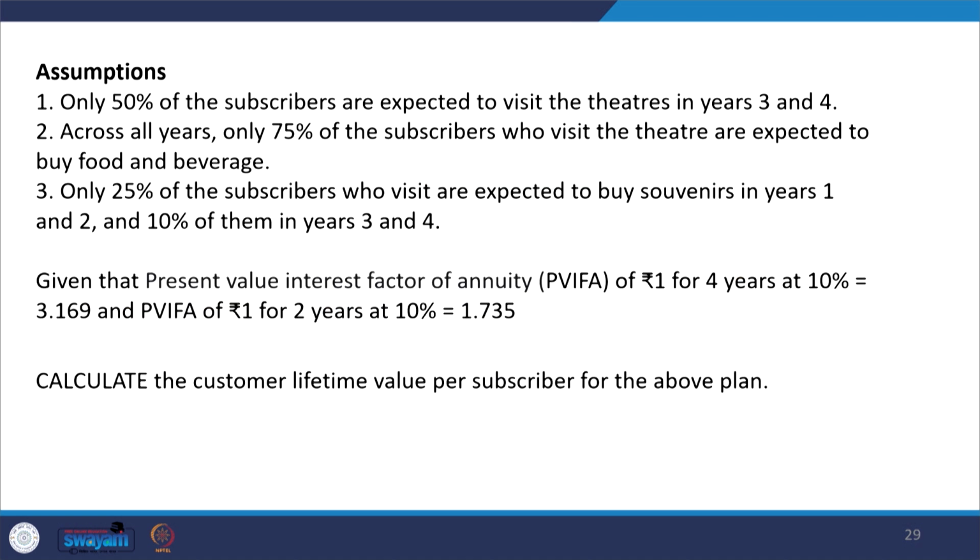So, there are some assumptions. Now, what are the assumptions? Only 50% of the subscribers are expected to visit the theatres in the year 3 and 4, only 50%. Okay. Across all years, only 75% of the subscribers who visit the theatre are expected to buy food and beverages, right, and 25% will not.